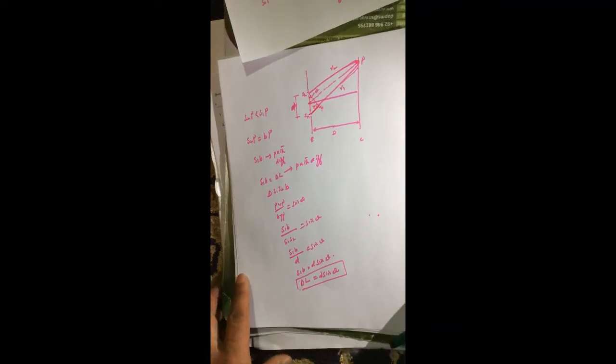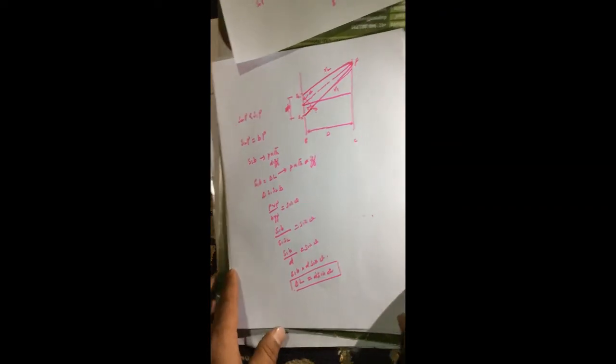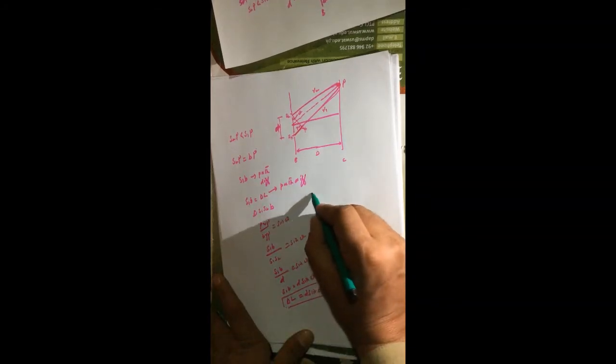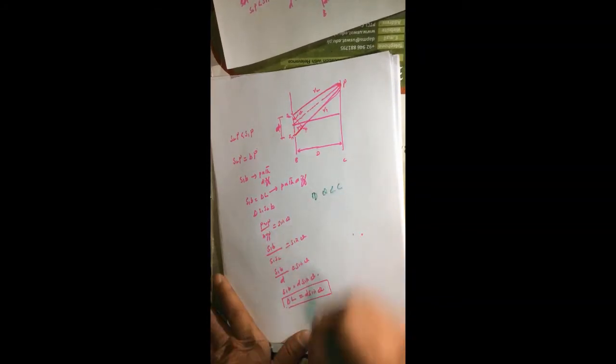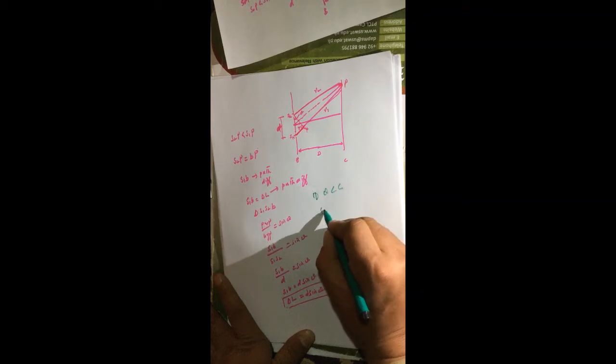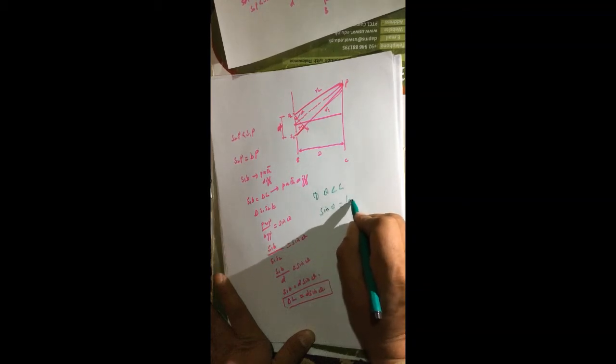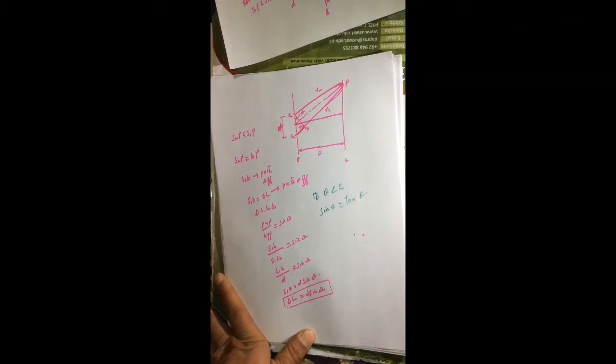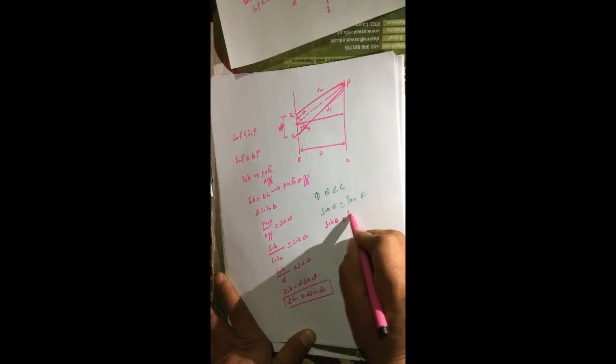Okay, in the last video we reached this point. We calculated the path difference delta L, which is equal to d sine theta. Now if theta is very small, then we can say that sine theta is equal to tan theta, for theta much smaller.